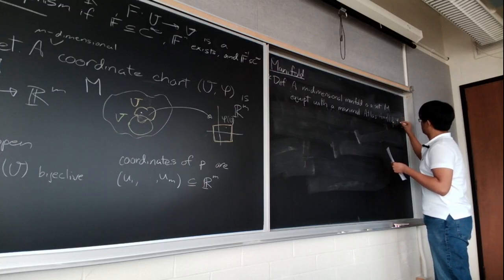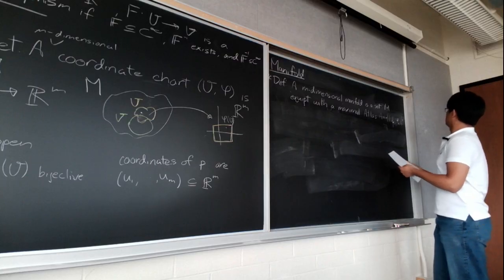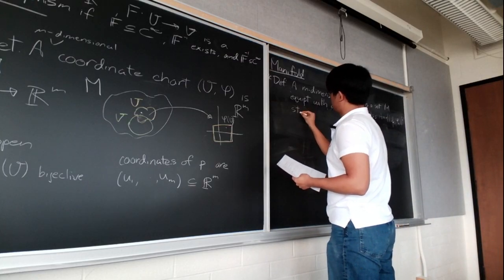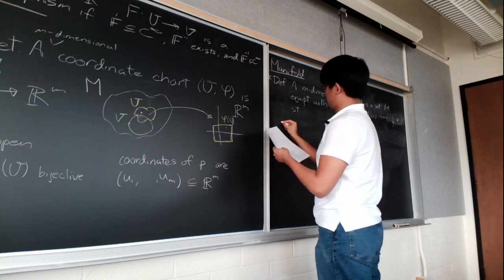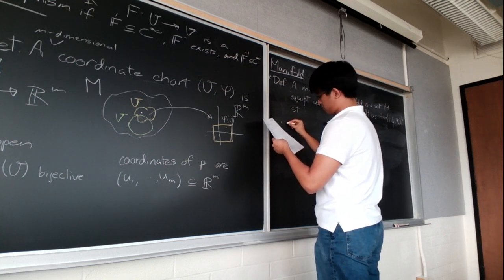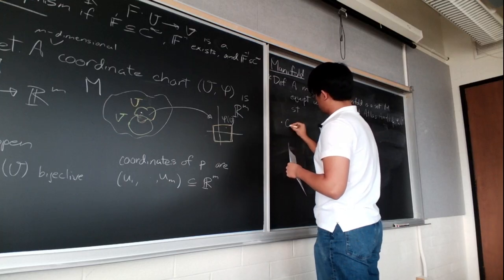We are expecting that if a function is continuous in the charts, the function is continuous on the manifold. And vice versa. If the function is continuous on the manifold, it's continuous on the charts. That's what we want, and that's exactly right.